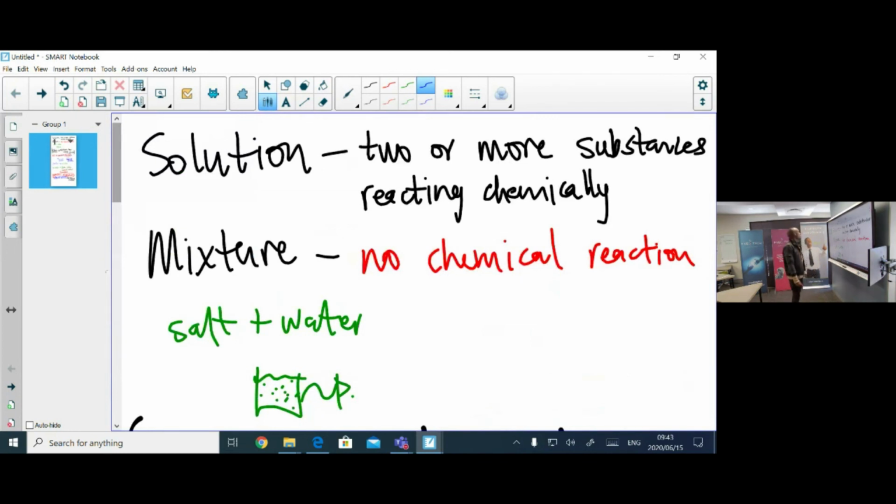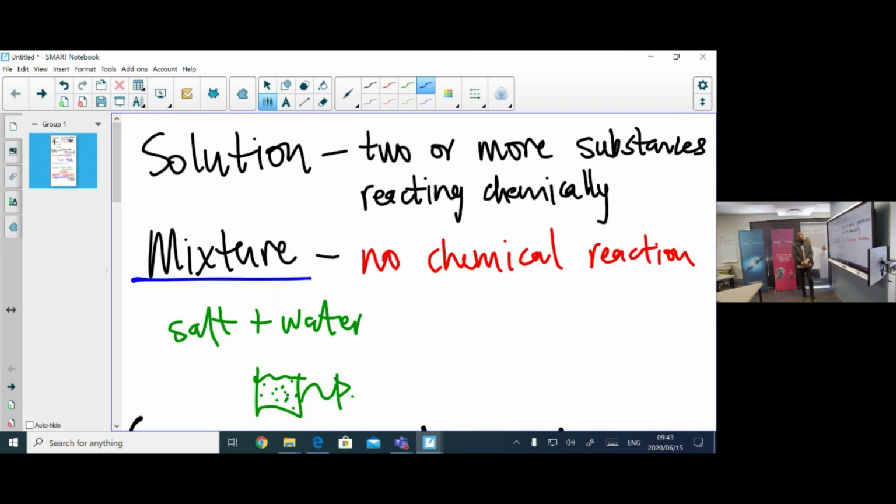And that brings us to a draw. In today's lesson, we know what a mixture is. We know that when two or more substances come together and there's no chemical reaction and they form one solution, we call that a mixture.